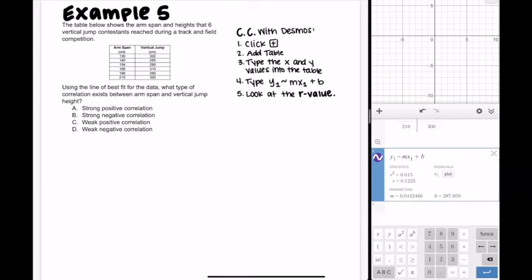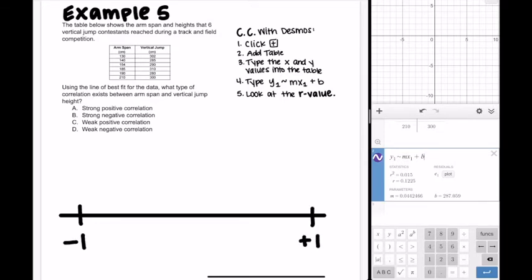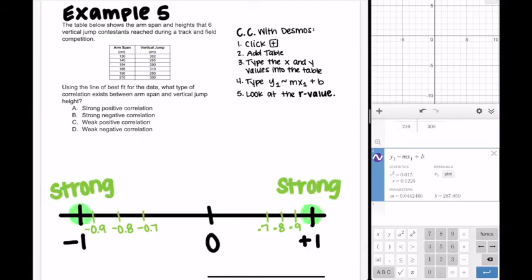And remember, we're just looking for the strength and the direction. Our correlation coefficient is always between -1 and +1, and 0 is exactly in the middle. The closer you are to 1 or -1, the stronger. So the closer you are to 0, the weaker you are.